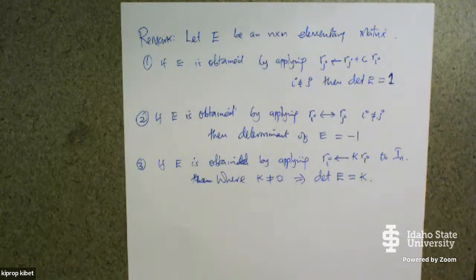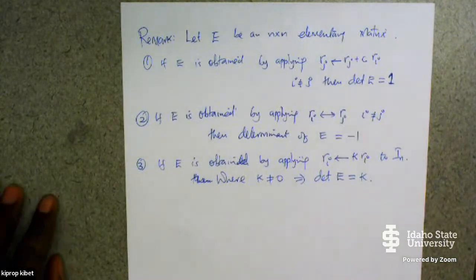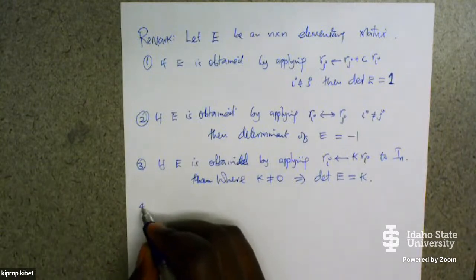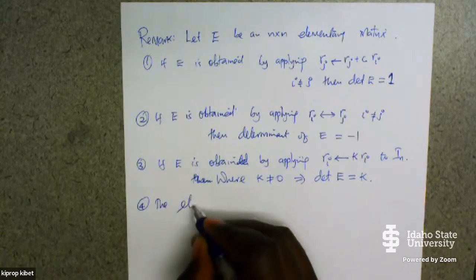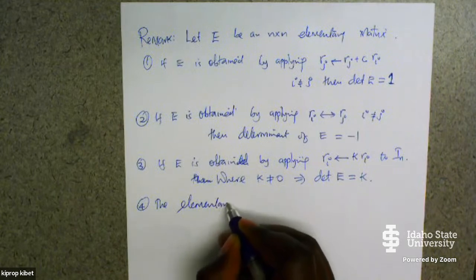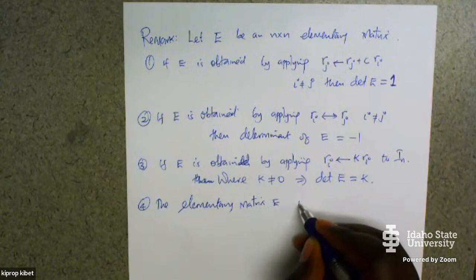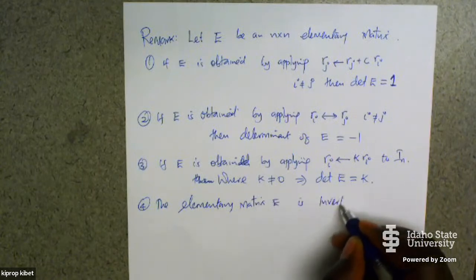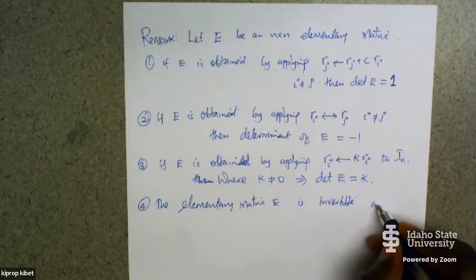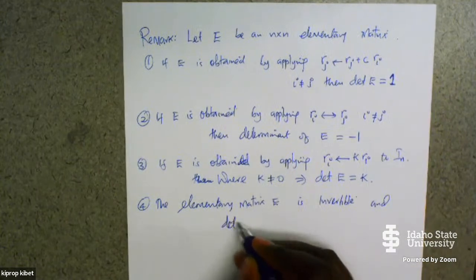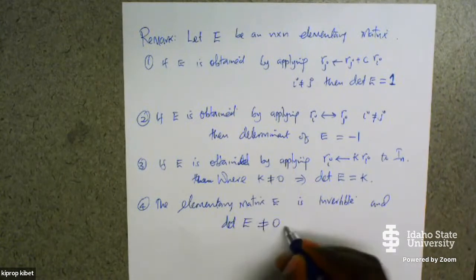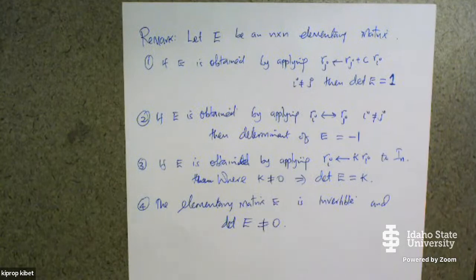So those are the main issues. So basically, number 4, the elementary matrix E is invertible, and the determinant of E is not equal to 0.